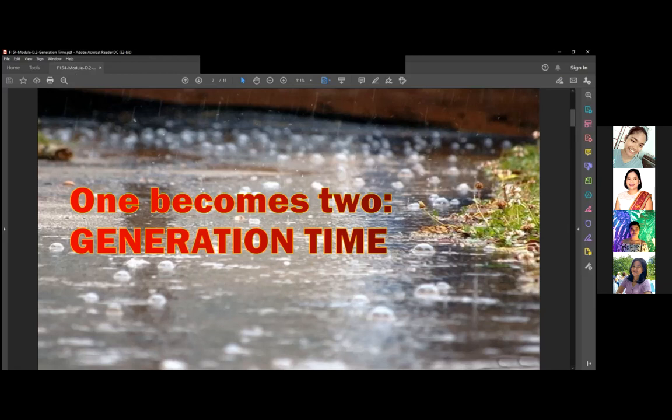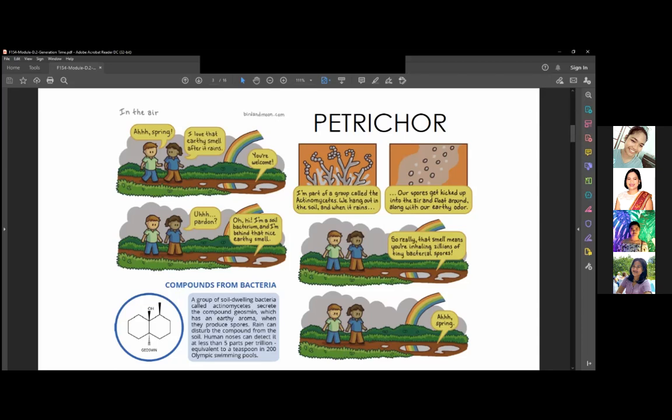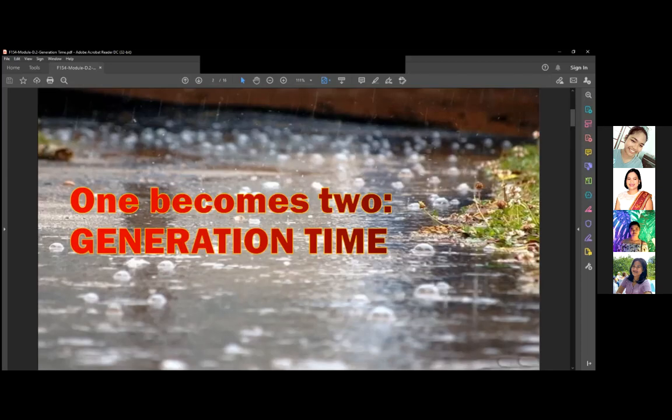Okay, gusto ko naman marinig yung boses nyo kahit medyo bingi ako ngayon. Please, read the dialogue dito. Yung sa first, about Josmin. So 1 becomes 2, generation time. Okay. Sino yung magvo-volunteer? We need 3. Isa yung sa bacteria, isa yung sa boy, isa yung sa girl.